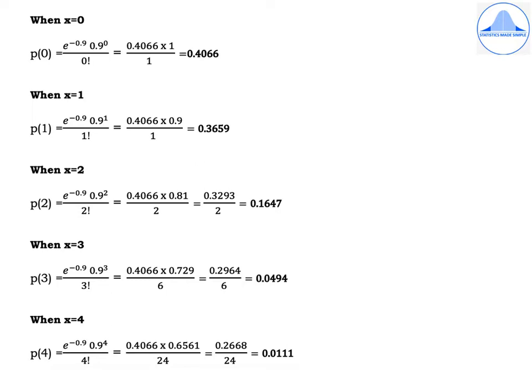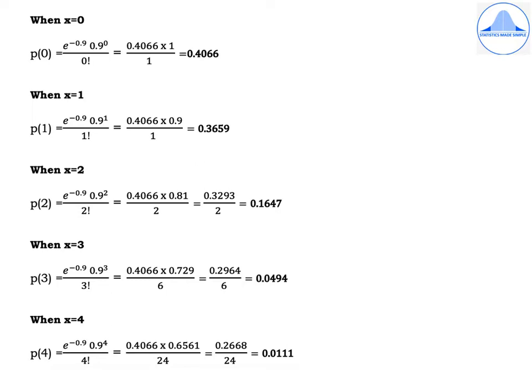So you'll get P of 0 equal to e to the power minus 0.9, 0.9 to the power 0 by 0 factorial, which is 0.4066 into 1 by 1, which is equal to 0.4066. When x is equal to 1, we get P of 1 is equal to e to the power minus 0.9, 0.9 to the power 1 by 1 factorial, which is 0.4066 into 0.9 by 1, which gives 0.3659.